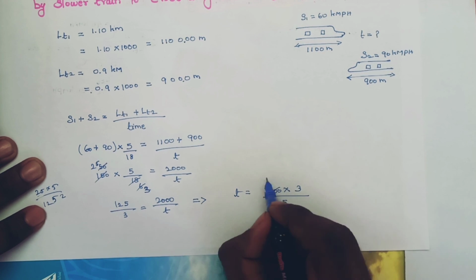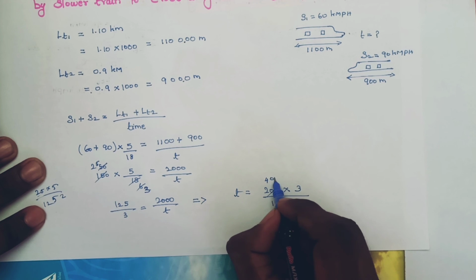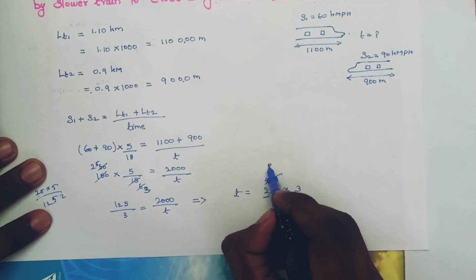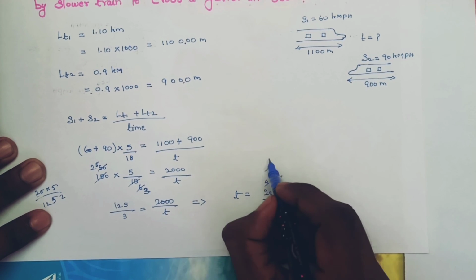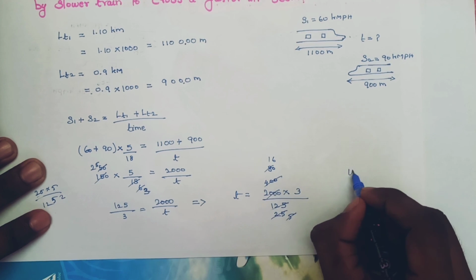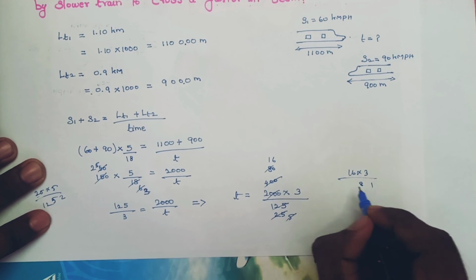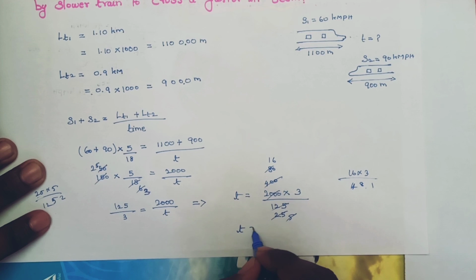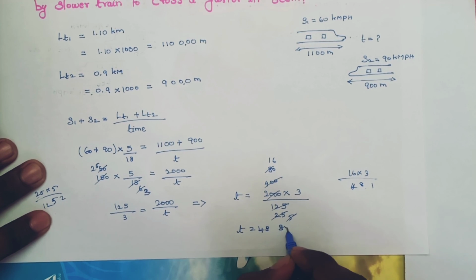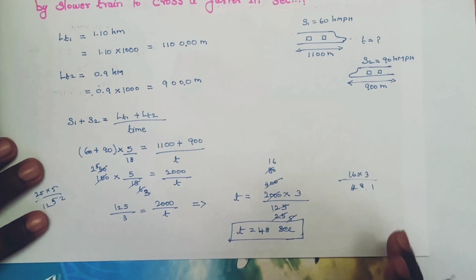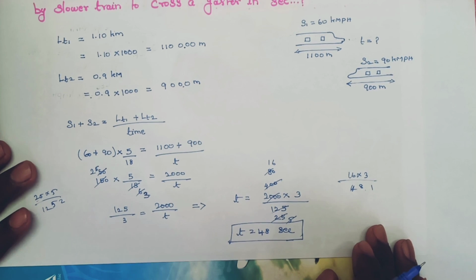Simplifying, 16 into 3 is 48. Time is 48 seconds. So both the trains would take 48 seconds to cross each other.